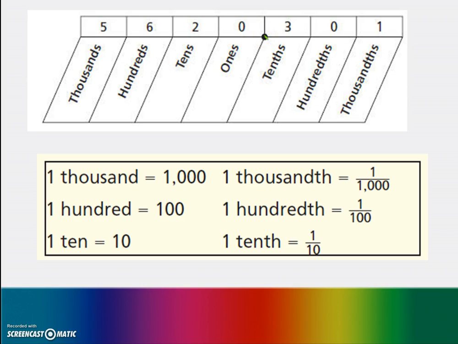But to understand the decimal portion, we would go in this direction, and we have tenths, hundredths, thousandths. And if I circle the ones here, you'll see that it's a mirror image. This is tens, tenths, hundreds, hundredths, thousands, and thousandths.